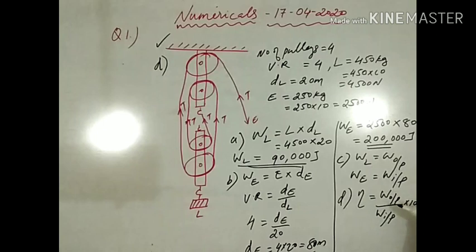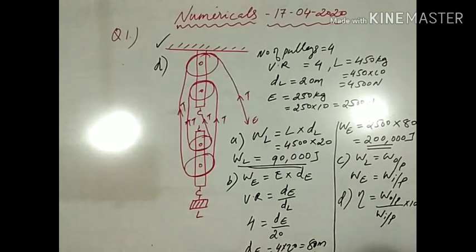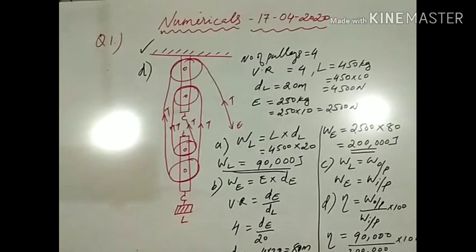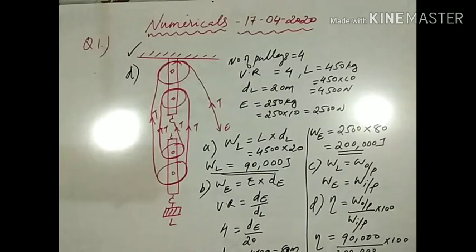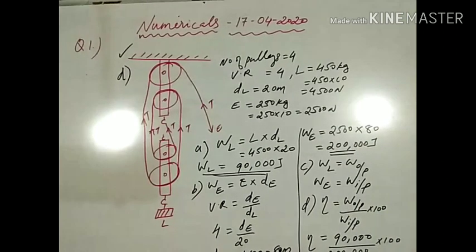If you calculate the ratio between work output and work input, you simply get the efficiency. Therefore, efficiency eta is equal to how much? Work output 90,000 divided by 200,000, 2 lakh, into 100, that is equal to how much? Cancels.